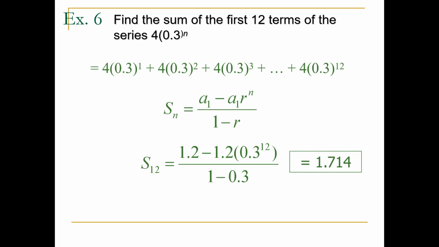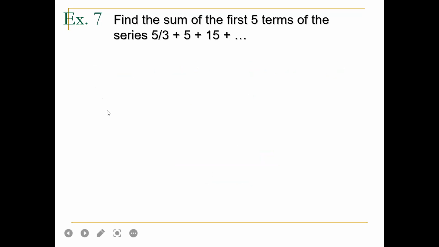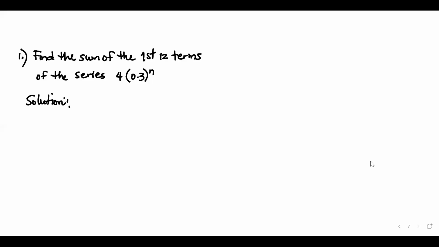Next. Find the sum of the first 5 terms of the series 5 thirds, 5, 15, up to. So this is infinite, right? We have ellipses here. So let's try to answer this example again, but let's go back to the first example.